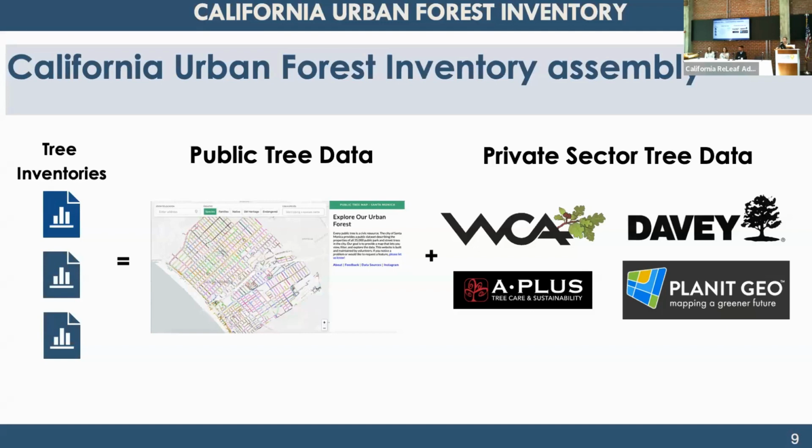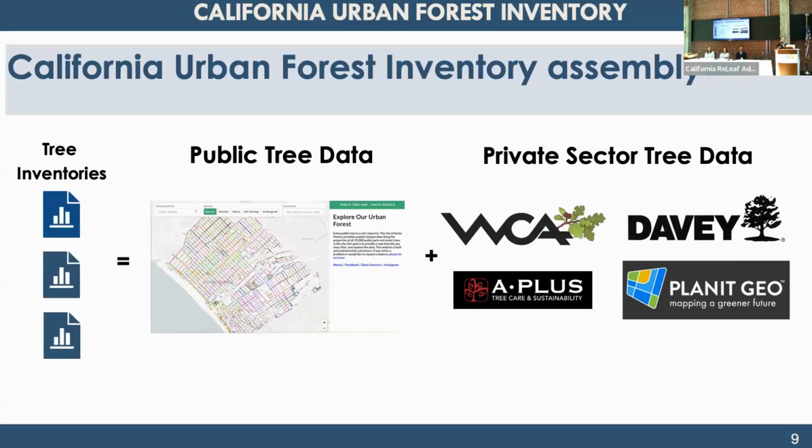Many private sector tree companies receive the funding from the city, and it's publicly available data. And we have formed a collaboration with those private companies where they agree to share their data out of their databases back with us. So WCA, A+, Davey, Planet Geo, and many others have contributed data to this resource.